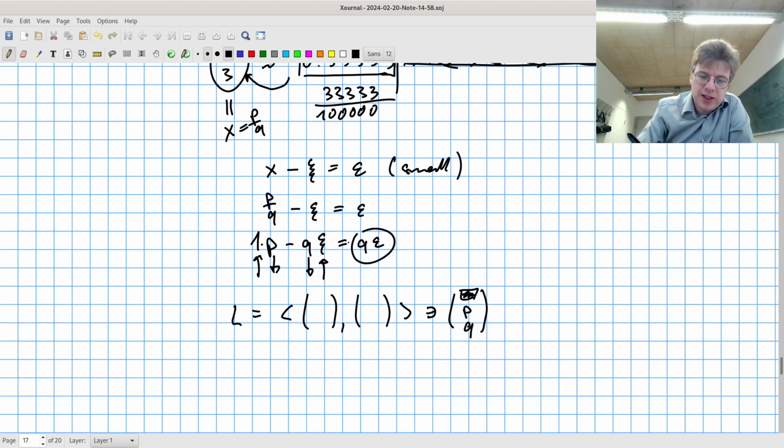So I could say we take 1 and minus xi. And then it's a little bit like when you invert a matrix, and you would say, okay, if I take here 1, 0, and here I take 0, 1, then p times this vector plus q times this vector, that would be exactly q times epsilon. So if I get q times epsilon here, then this is small.